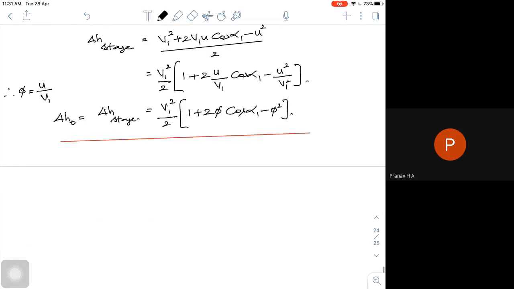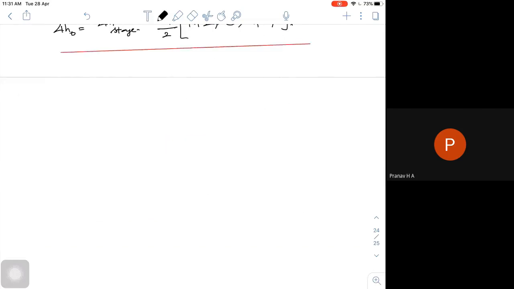Okay. The next thing is the expression for blade or vane efficiency.